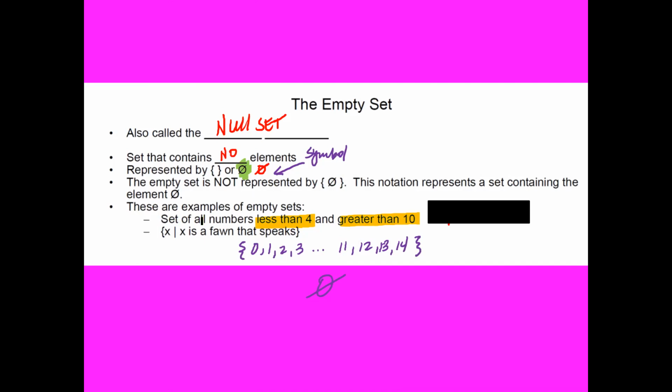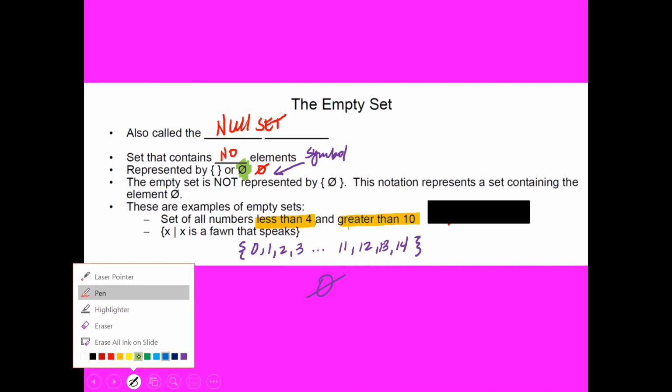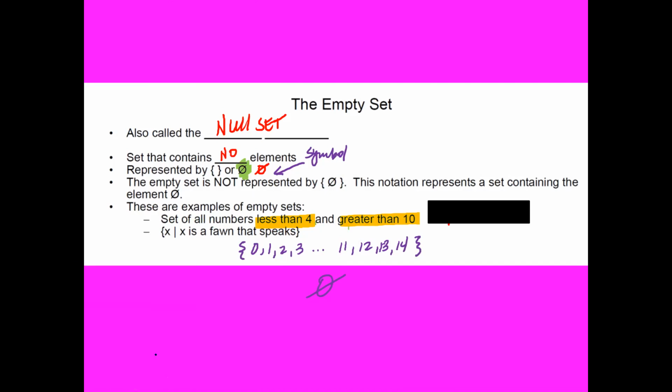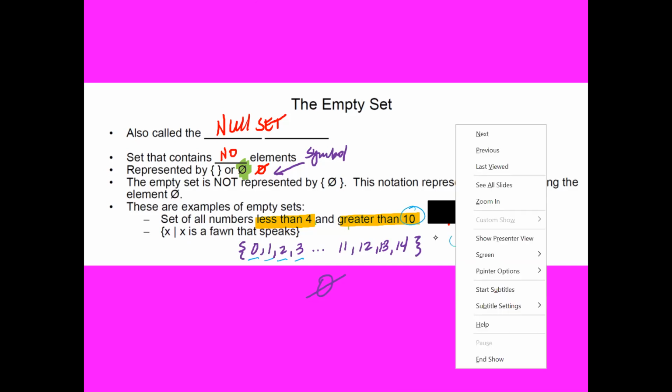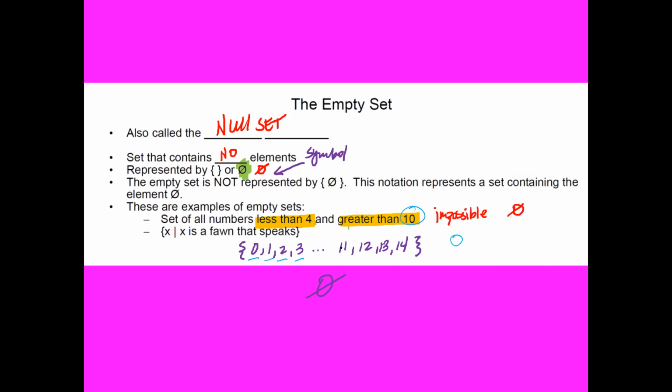So, the set of all numbers less than 4 and greater than 10. Going back to our warm-up, remember if it's less than 4, that means you cannot include 4. So any number smaller than 4 but not including 4, such as 0, 1, 2, and 3. And then greater than 10, so not including 10, because remember it's an open circle, and it's going to be bigger than 10.